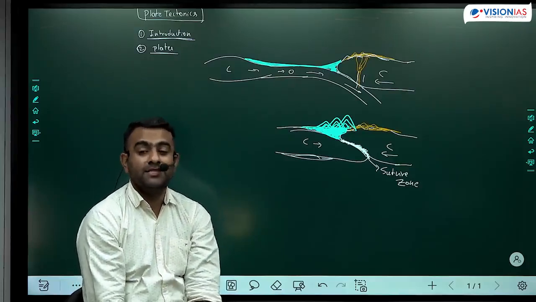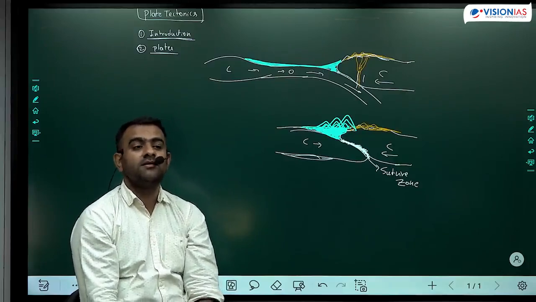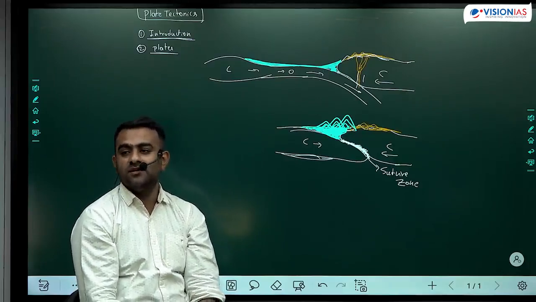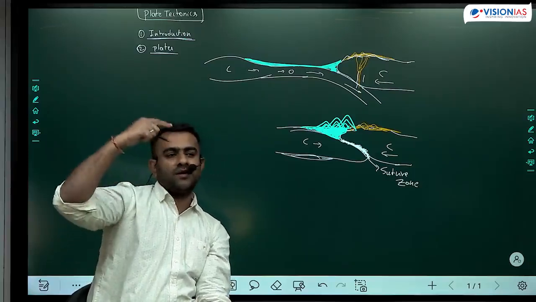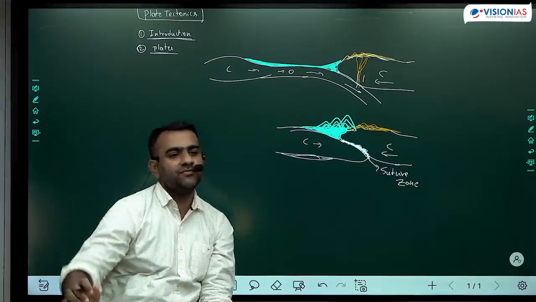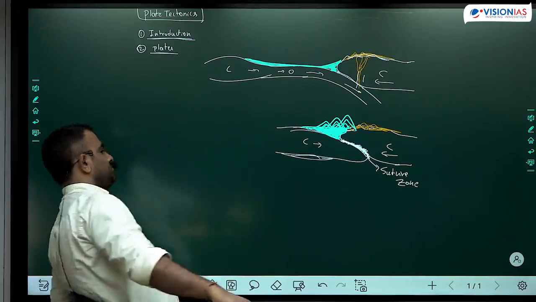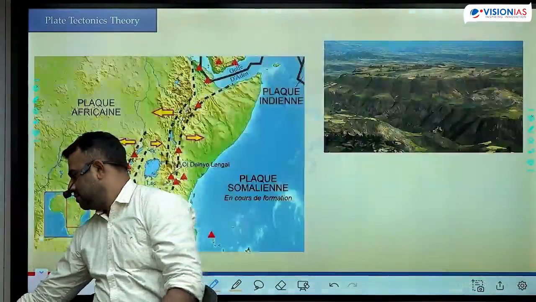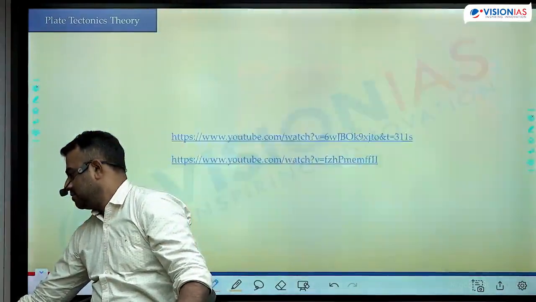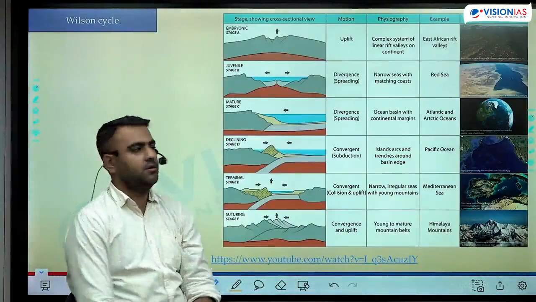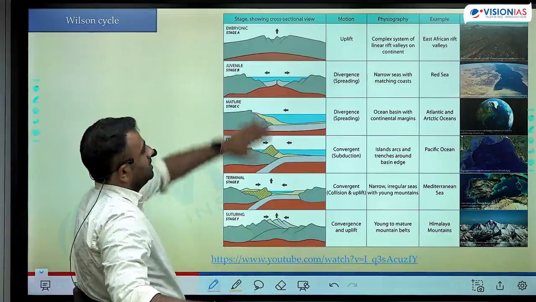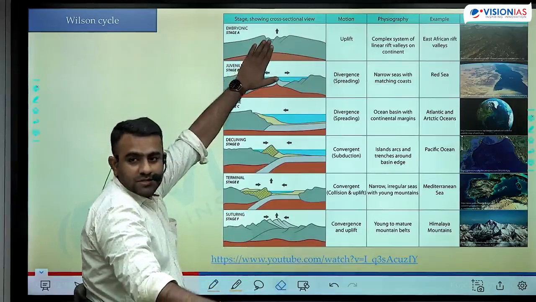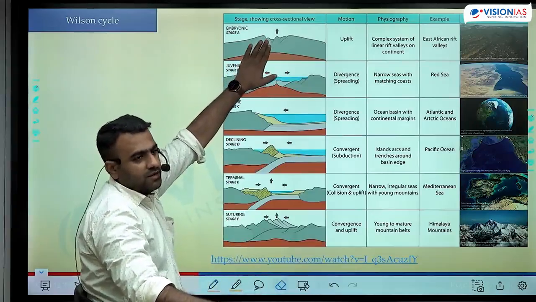This is what is Wilson cycle. What is a Wilson cycle? Continuous cyclical manner, the plate's boundaries keep changing. See here, continent divergence, right?